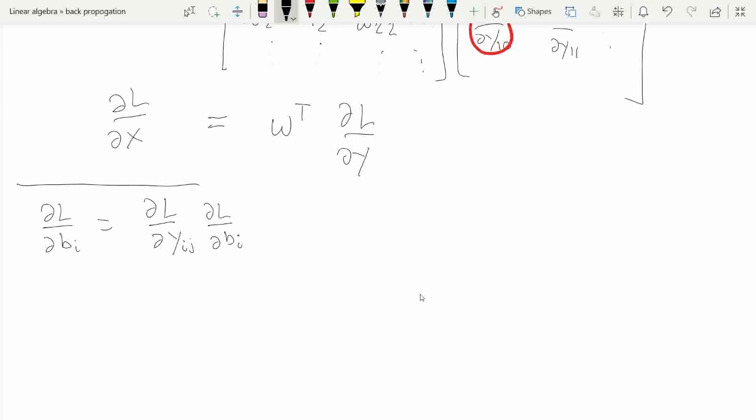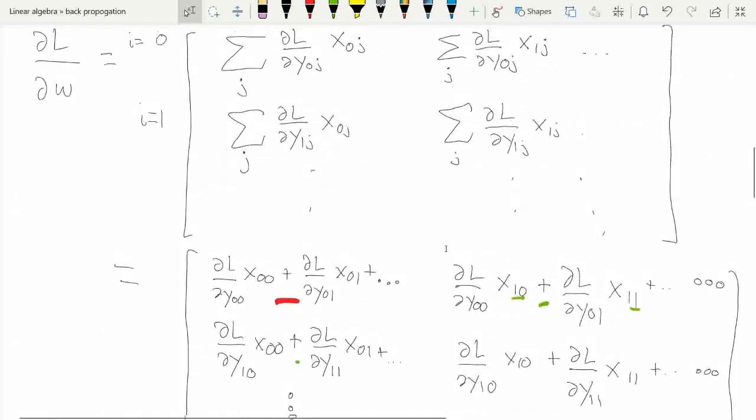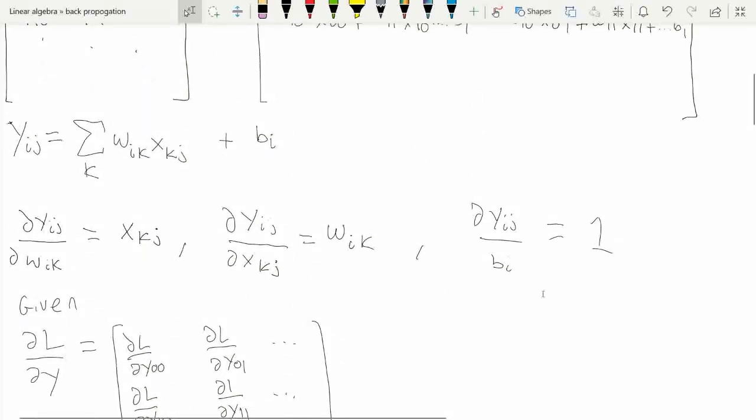Oh no, not L at the top, y_ij at the top. As you can see, it's going from one dimension into many dimensions along this j index, so we need to sum over the j's. And we know that the partial of y_ij with respect to b_i is just 1.